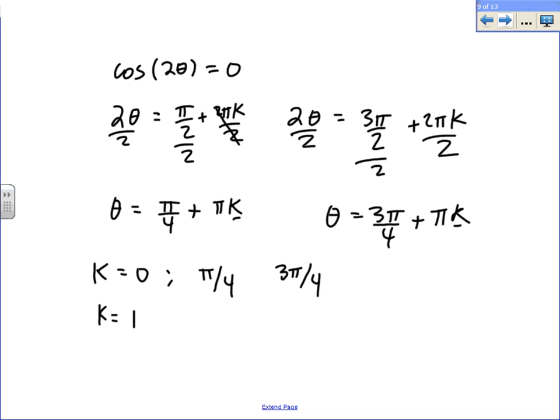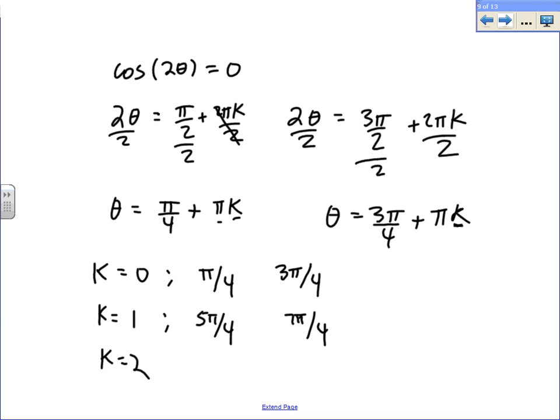If k is 1, we would have pi over 4 plus pi, which would be pi over 4 plus 4 pi over 4, or 5 pi over 4. On this one, if k was 1, we'd do 3 pi over 4 plus 4 pi over 4, which would be 7 pi over 4.